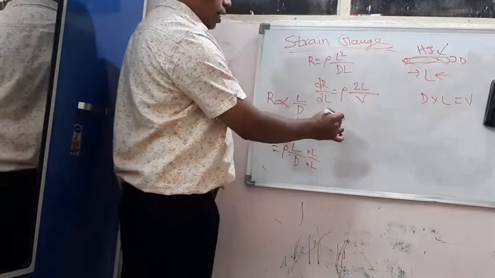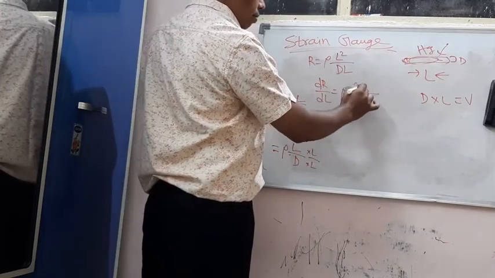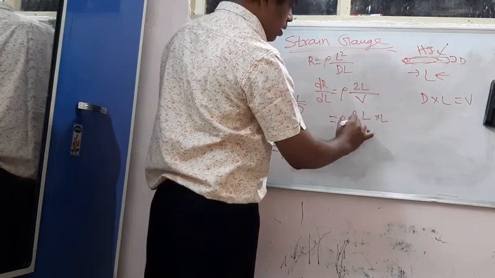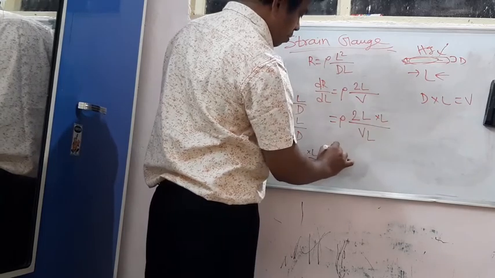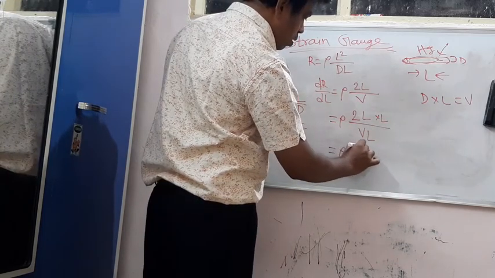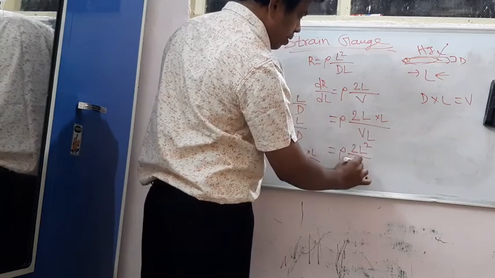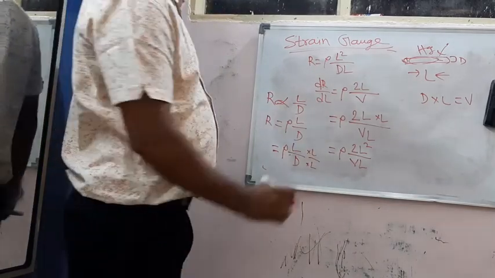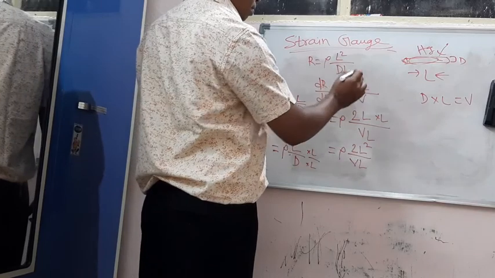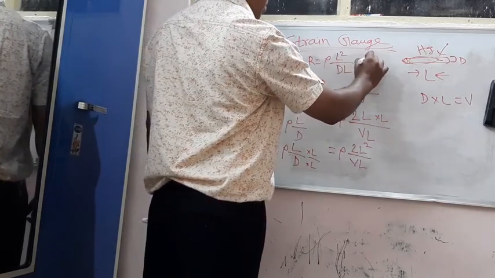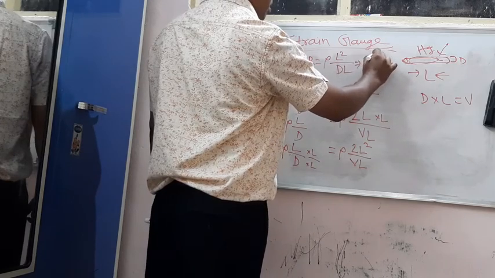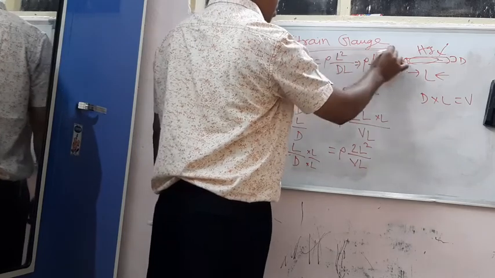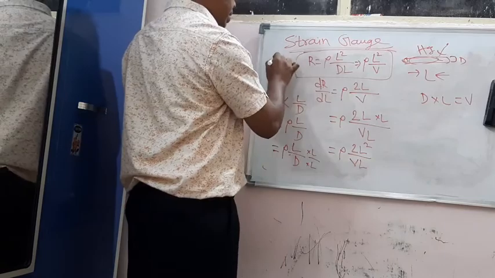So dR by dL equal to rho into, again I am going to multiply it with L, 2L into L divided by VL, rho 2L square divided by VL, which is rho L square by V. You call it equation number 1.